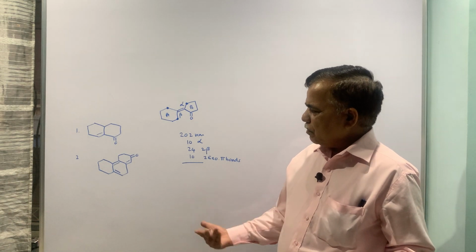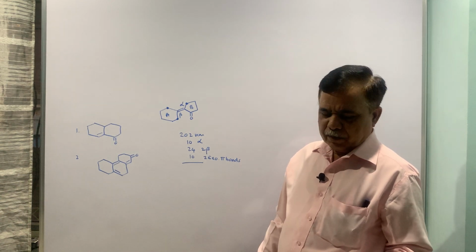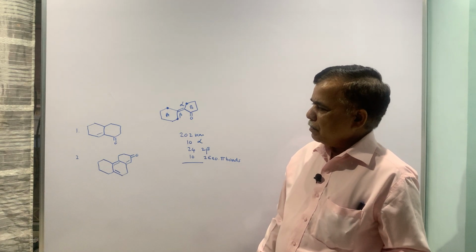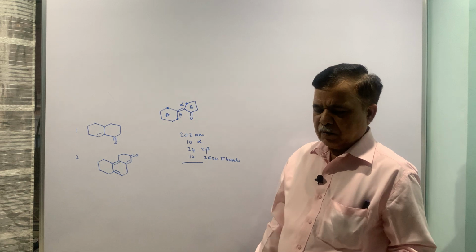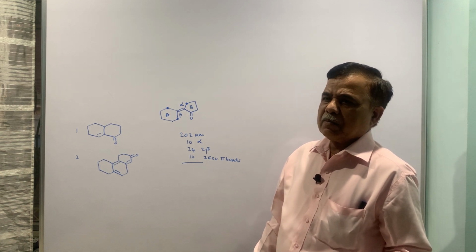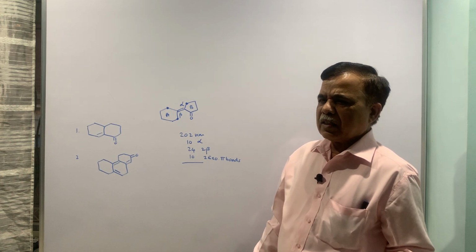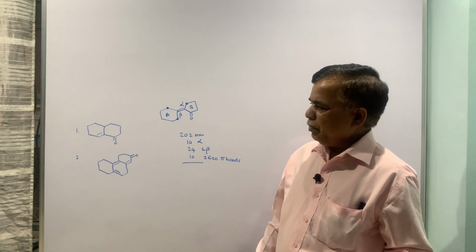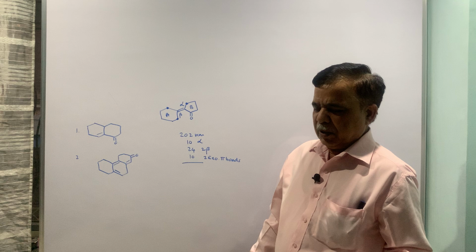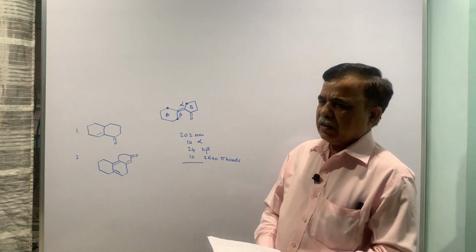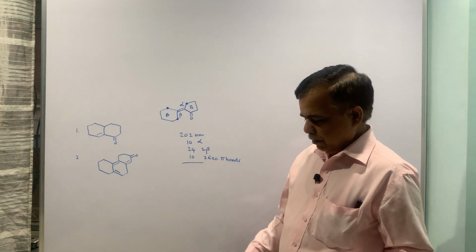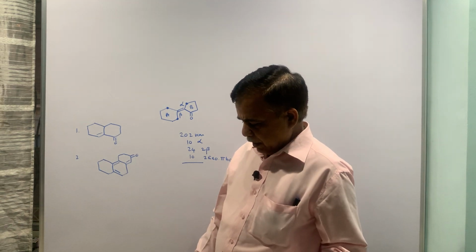So next lecture will have more examples on both the chromophores, and of course some examples on the acyl benzene chromophore also we will do, so that nothing will be left from this. The application part also we will try to cover in the next lecture, if not the immediate lecture.